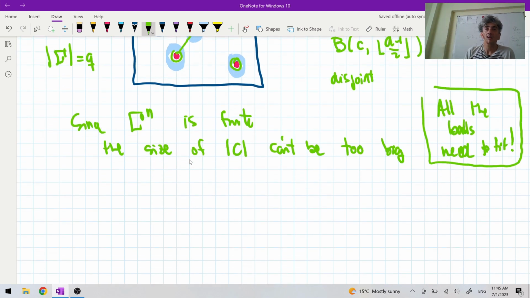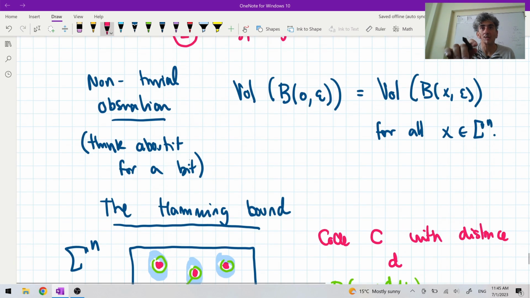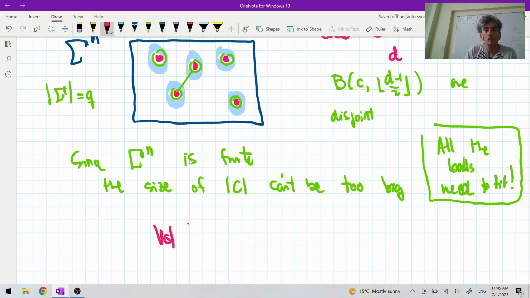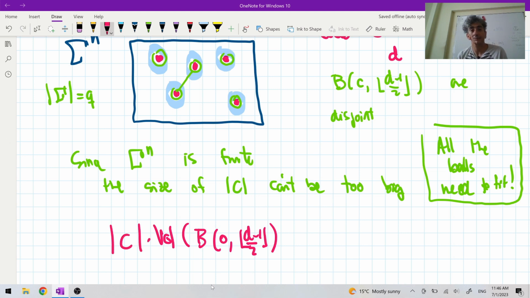And how do we express that? Since all the balls have the same volume, the fact that all the balls need to fit is expressed by the volume of a ball centered at 0 with this radius, times the number of elements in the code, needs to be less than or equal to the number of elements in sigma to the n.